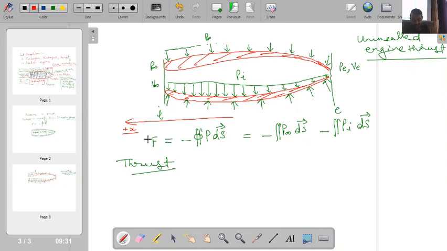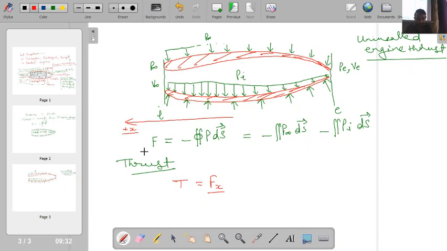Now as I told you that I am only interested in finding out the thrust force. So I will calculate only the x component of this force. So thrust will be nothing but the x component of this particular force.